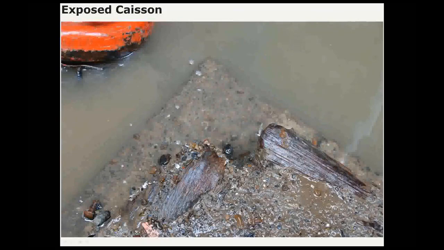So the caisson both had a timber embedded and was stepped at the top, which made for an irregular surface that didn't lend itself to coring holes in. So in order to work around this, we had to remove those timbers and then construct a new concrete collar around the top of the caisson and use that new level surface to do our coring for the holes for the reinforcement.